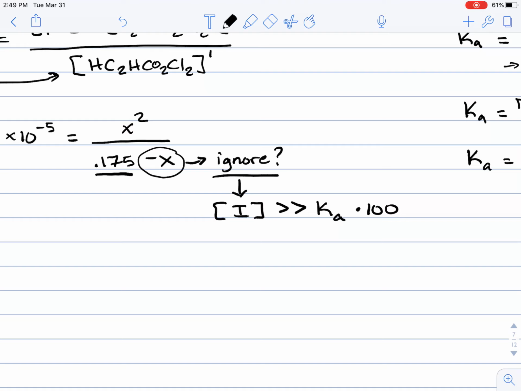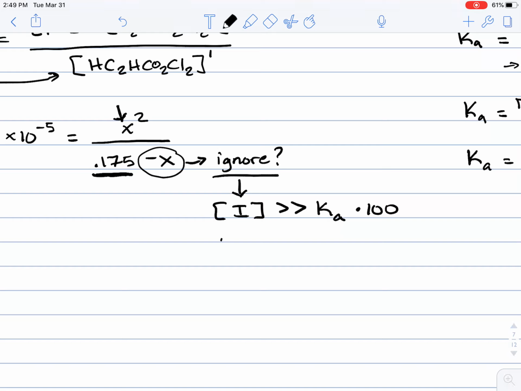significantly. And once again, we don't want to ignore the x in the numerator, because notice how we're not comparing this x to another number. It's not like 0.175 plus x or something like that. So that means any value that we get in the numerator is going to be significantly greater than 0, so we want to keep the x in the numerator.